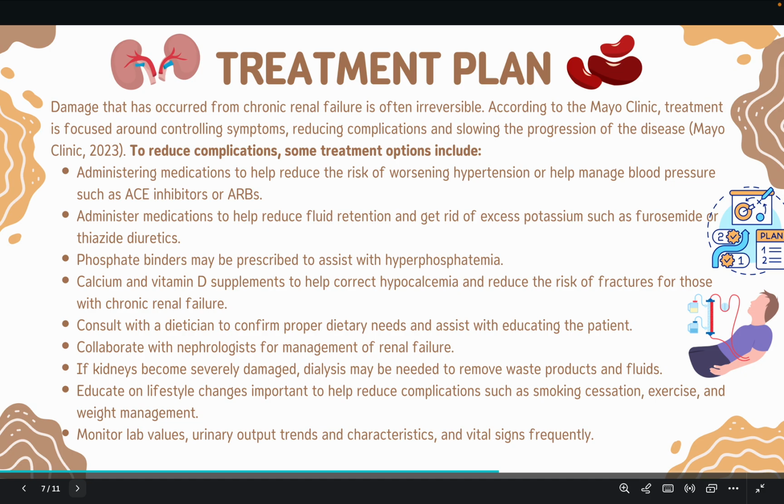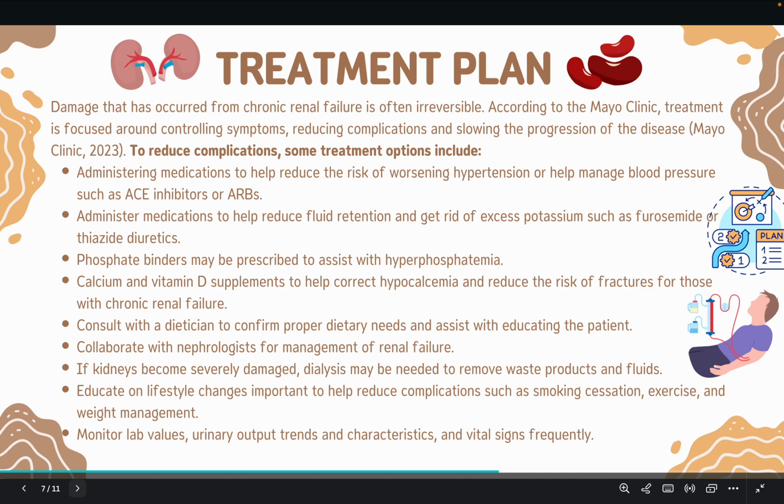For the treatment plan, it is important to note that damage that has occurred from chronic renal failure is often irreversible. According to the Mayo Clinic, treatment is focused around controlling symptoms, reducing complications, and slowing the progression of the disease.